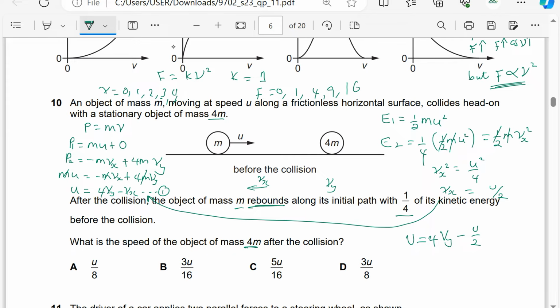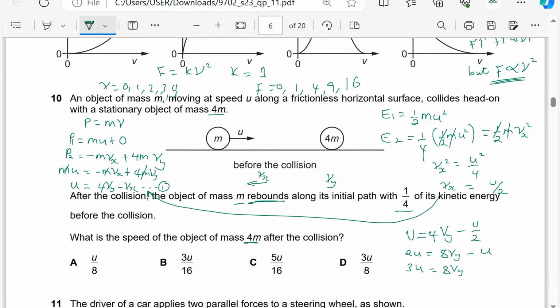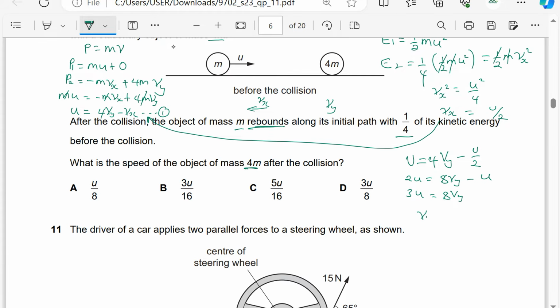Simplifying, this will be 2u equals 8Vy minus u. Collecting the like terms, taking u to the other side, it becomes 3u equals 8Vy. Then dividing, Vy is going to be 3u divided by 8. This makes the answer automatically D.